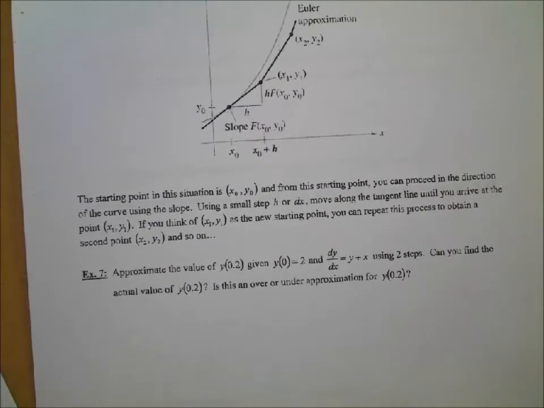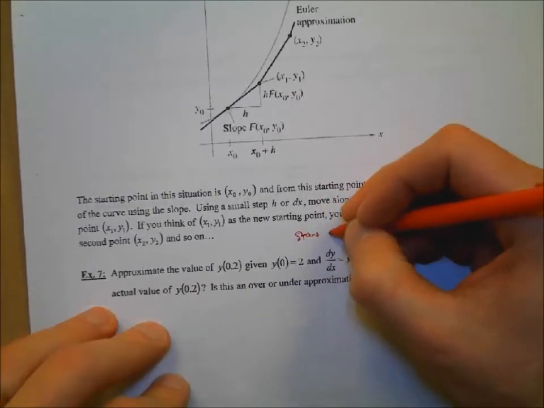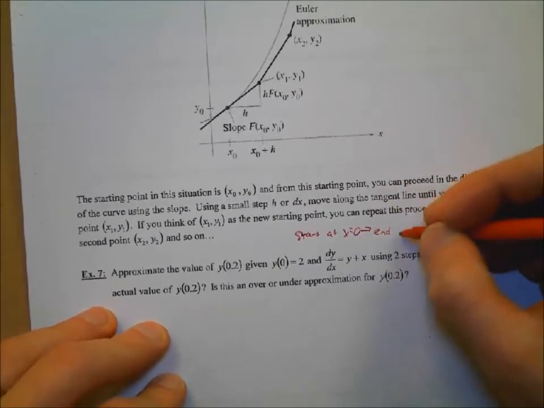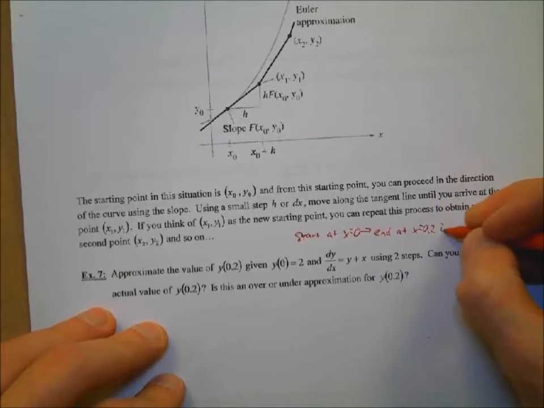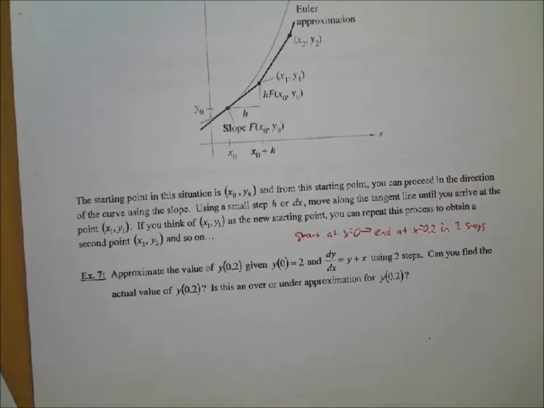So again, our goal is to start at x equals 0 and end at x equals 0.2 in 2 equal steps.